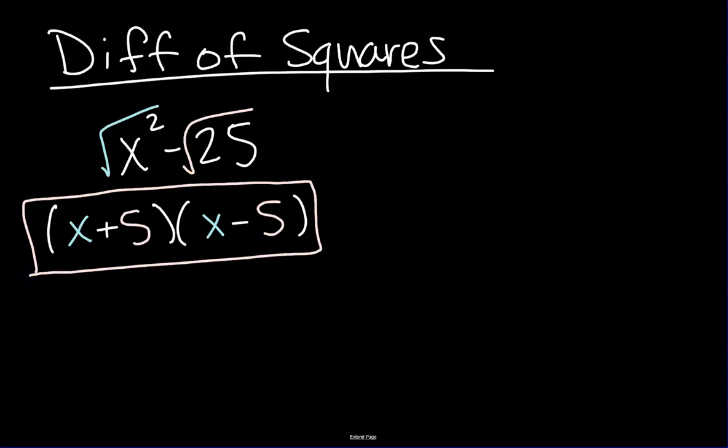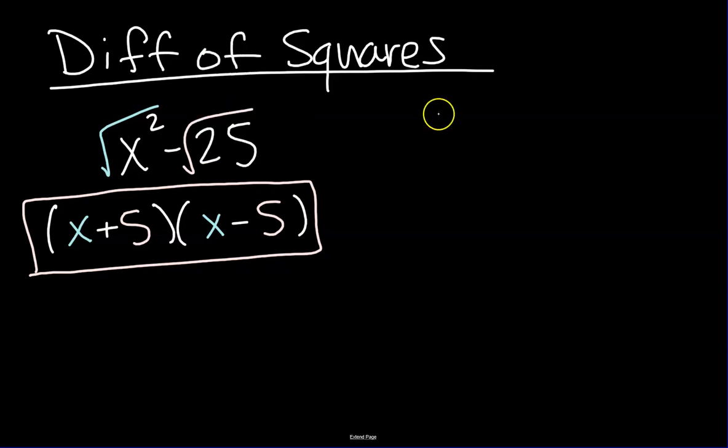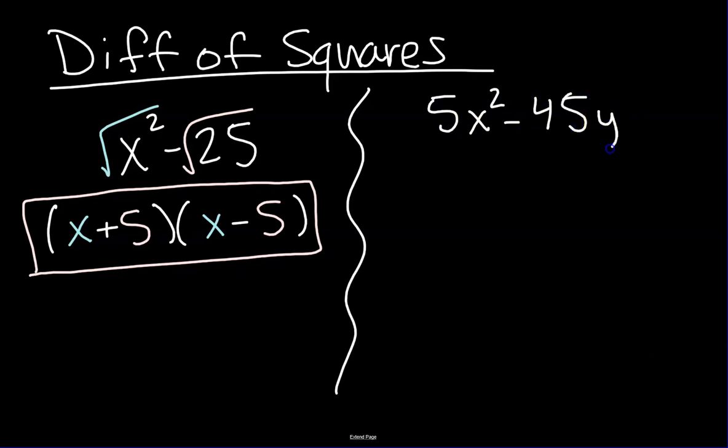All right. Of course, we like to make them a little bit more fun and not as obvious for you guys. So sometimes you might see it looking something like this: 5x squared minus 45y squared. Okay, so the minus sign definitely sticks out to me, and the two different terms stick out to me.